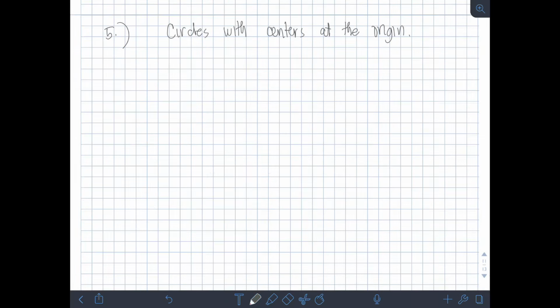Okay? Next, we have circles with centers at the origin. Okay, so this time, mga circle naman tayo. So, kung i-graph natin yung families of curves of circle with center at the origin, so ito yung center nila. Pwedeng iba-iba tayo ng radius, pero dapat pare-pareho sila ng center na origin. So, gamitin natin yung equation of a circle, yung center radius form.